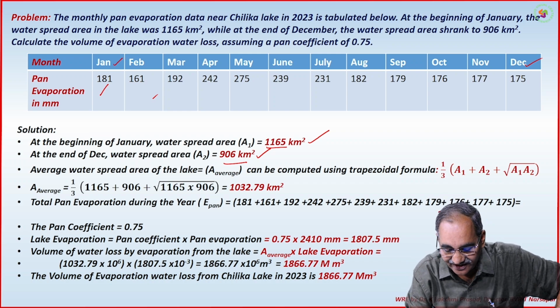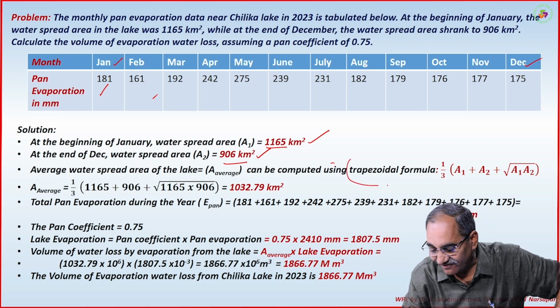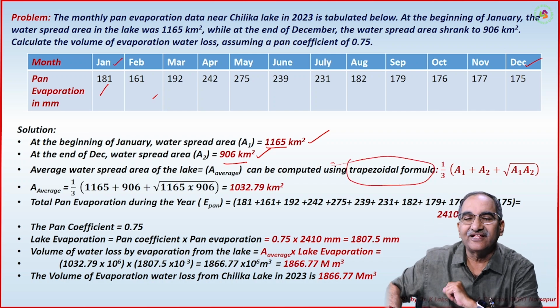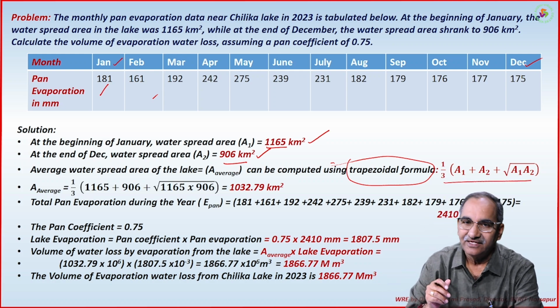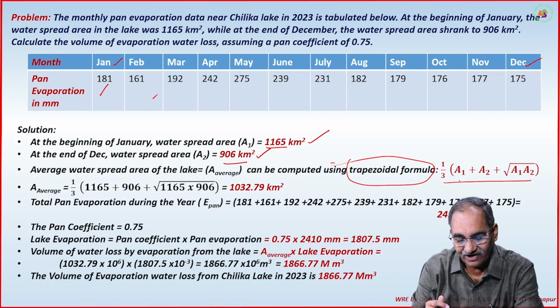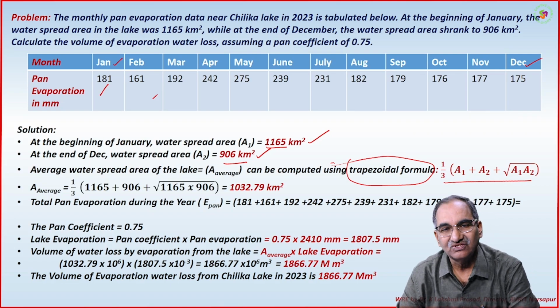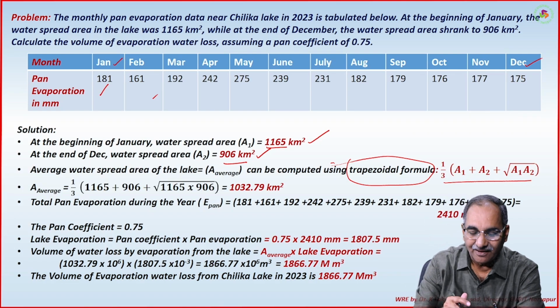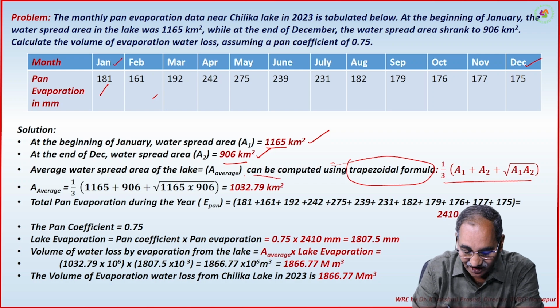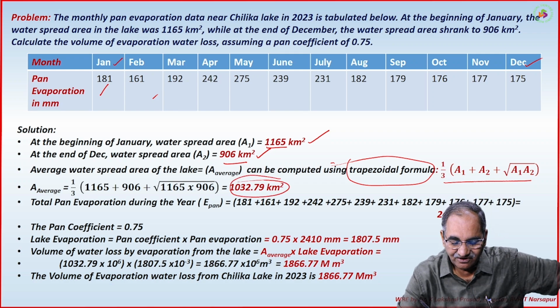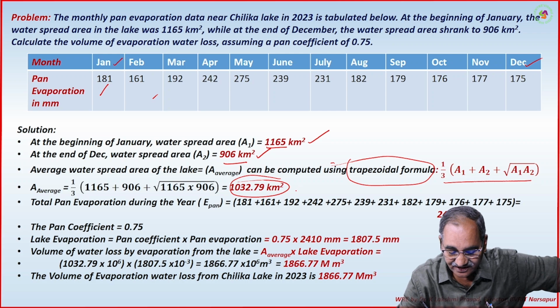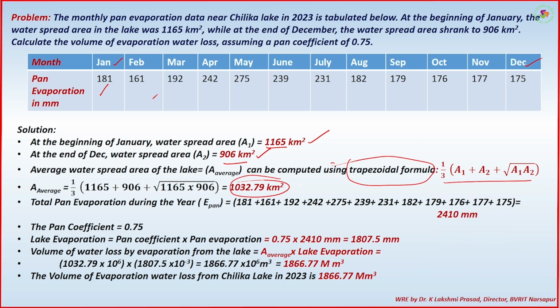That guideline is the trapezoidal formula for calculating the average area. It is 1/3 of A1 plus A2 plus square root of A1 A2. Applying the same, I got the average water spread area as 1032.79 kilometers square.